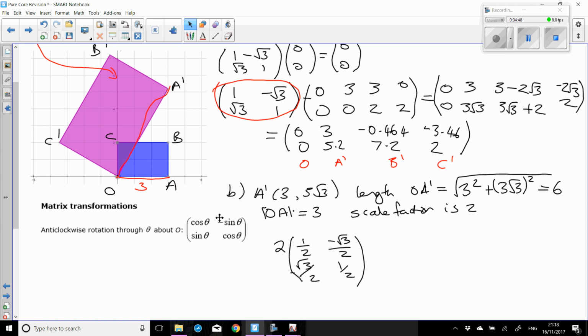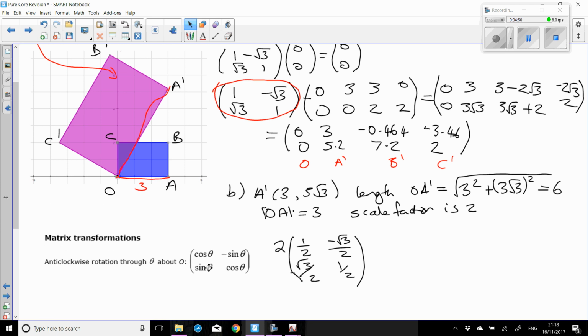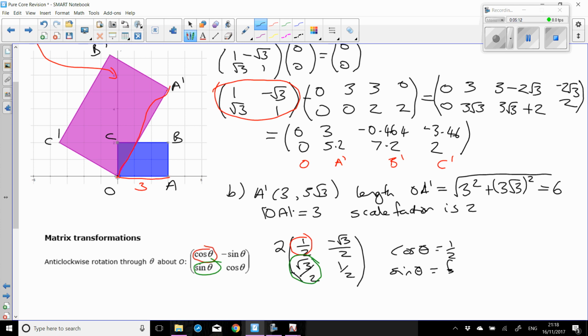I can then see, we already worked out from the picture, that it's a rotation. Here's the rotation matrix from the formula book. So we're going to match up. So we've got the half is cos theta, root 3 over 2 is sine theta, and if you solve that, it will tell us the angle is 60 degrees.